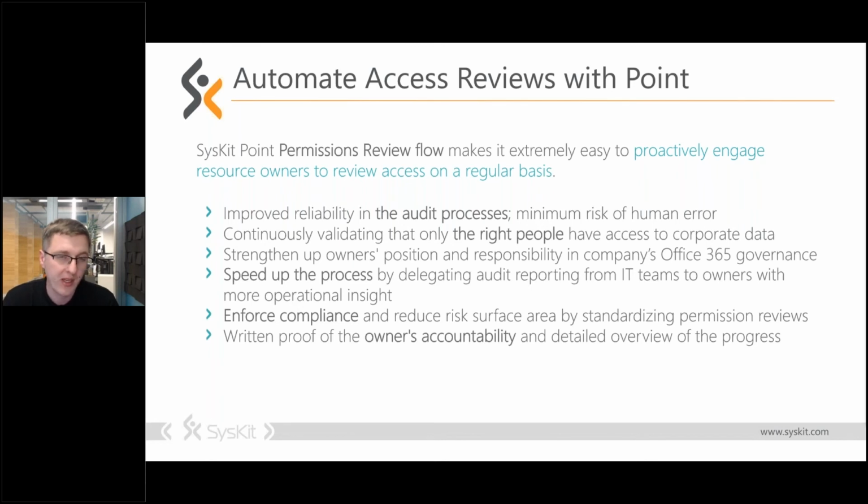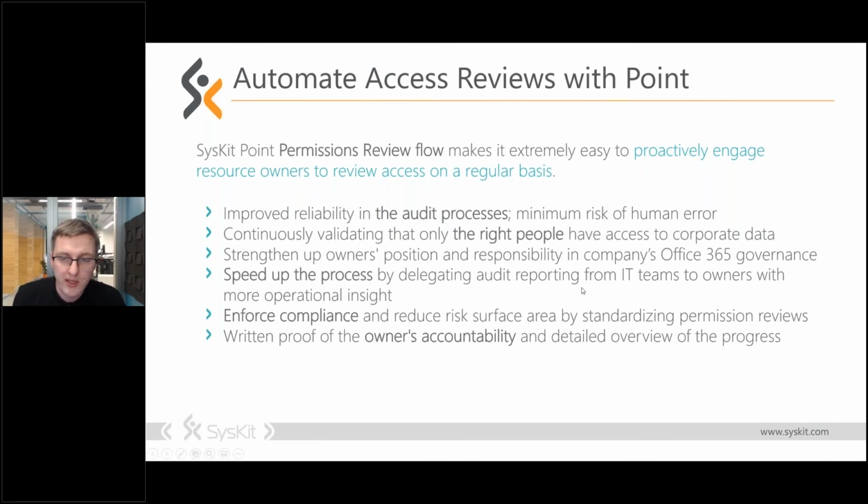And this can be SharePoint sites, even their OneDrive, or their groups, or their Microsoft Teams. It can be any resources. And basically, in this way, you can have a completely automated way where Syskit Point is asking them to periodically review access. And what you as an admin get is basically proof of the owner's accountability that they have secured their content.